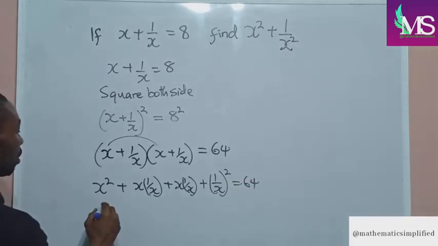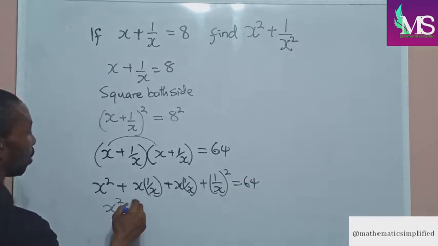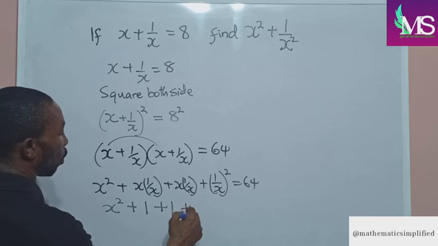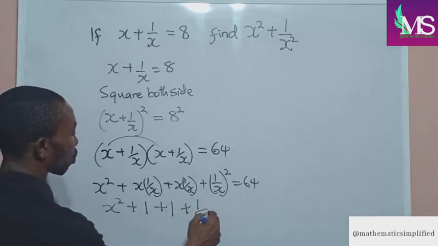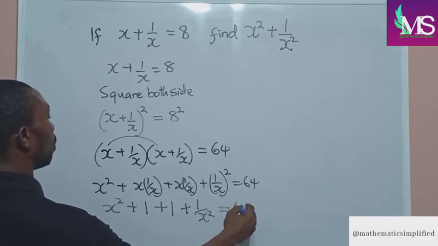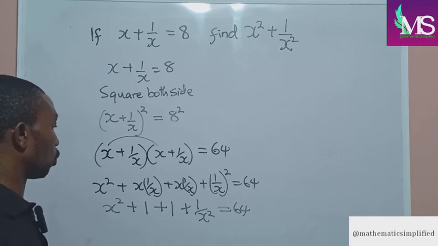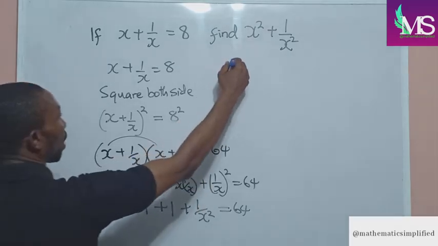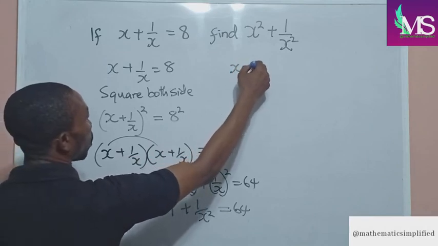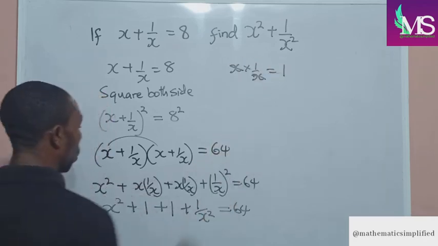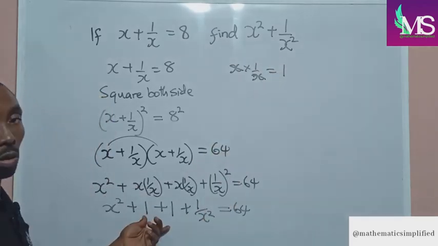Now we know that this is x squared plus 1 plus 1 plus 1 over x squared equals 64. Now how is this one, you may ask? How is it turning to 1? Let's bear in mind that we are having x times 1 over x. So x cancels x, leaving you with 1. So that's how we got 1 here.